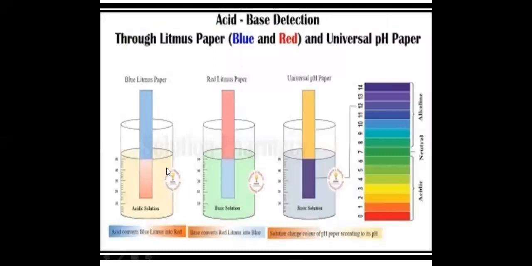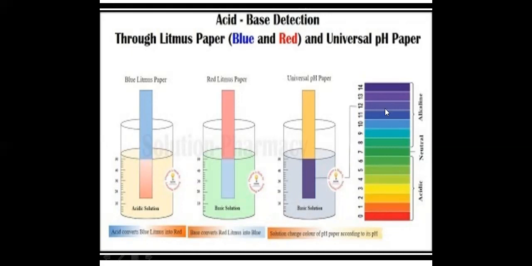You can see in this image that the acidic solution turns blue litmus paper red and basic solution turns the red litmus paper blue. And in the third beaker we have a pH paper. By dipping pH paper in a solution, the pH paper will show some specific color, and by comparing that color with the scale, we can identify the pH.